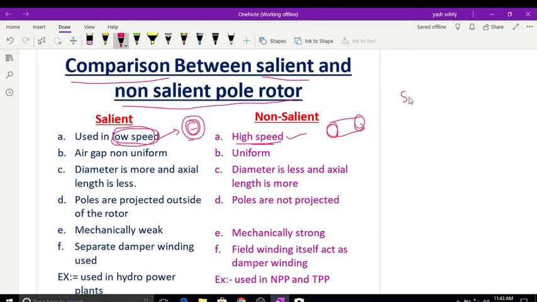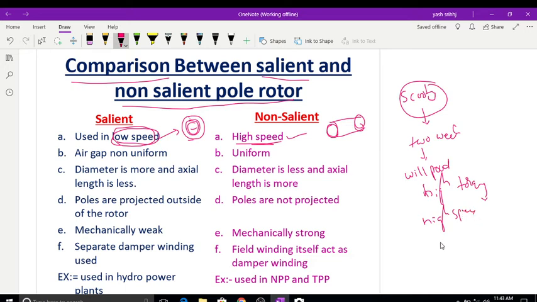If you know the scooty, a two-wheeler vehicle, it will produce high torque, so at starting high speed is possible because the diameter is less. The diameter is less, so high speed is possible. That's why the non-salient pole diameter is less, and that's why this is used for high speed.